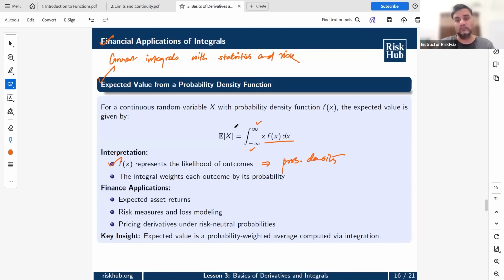Each outcome x is weighted by its probability. So the integral calculates the probability weighted average.